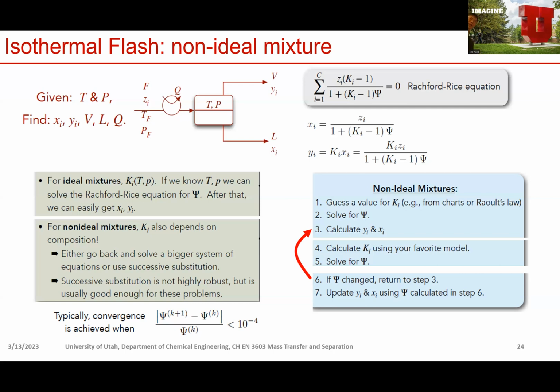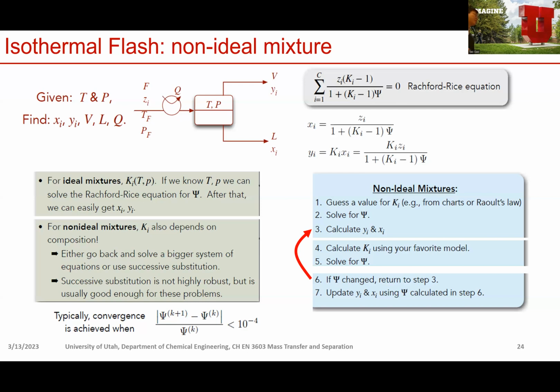So basically, we can declare a victory when the psi value of two subsequent or consecutive iterations are very close. The threshold for determining that is typically the relative difference between the psi value of your k+1 iteration and the psi value of your kth iteration, divided by the psi value of your kth iteration.